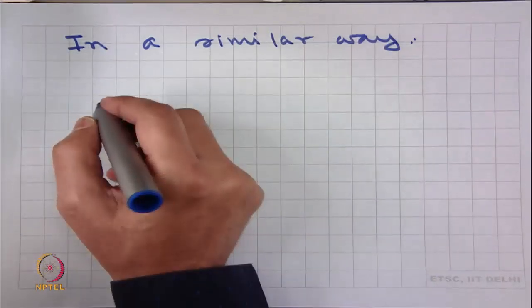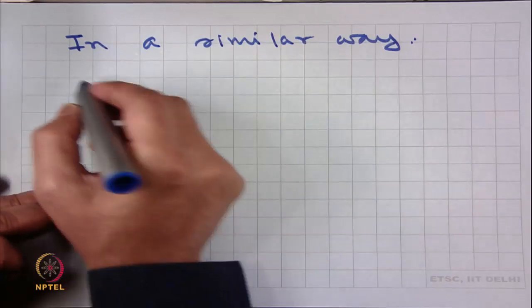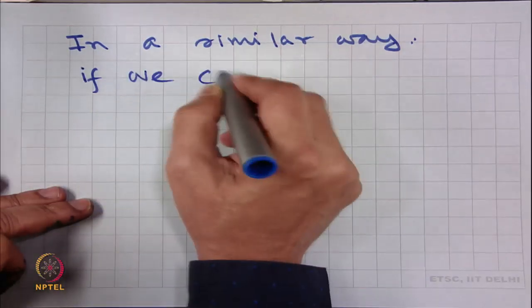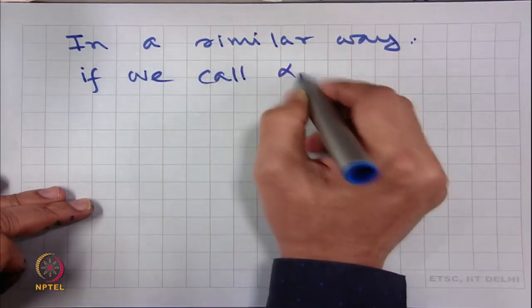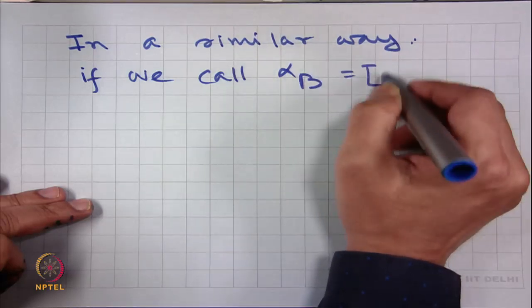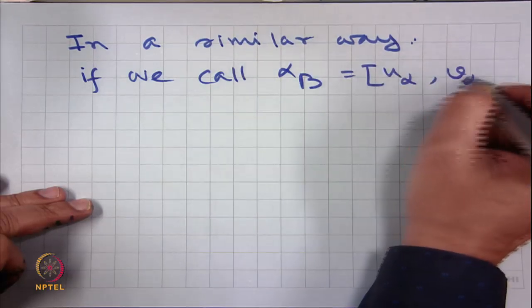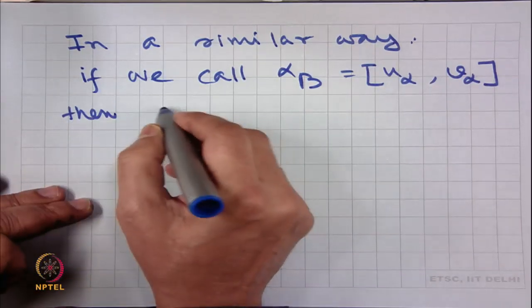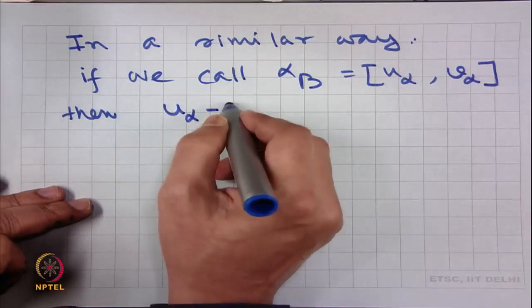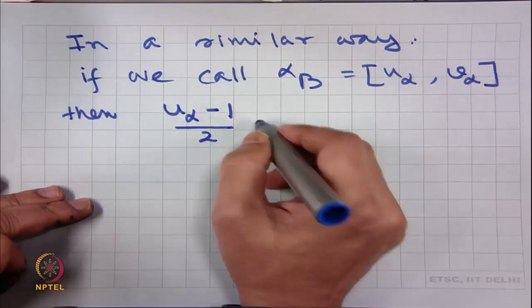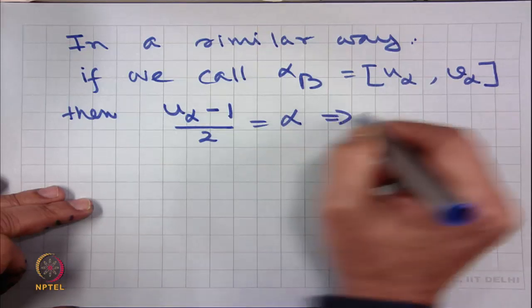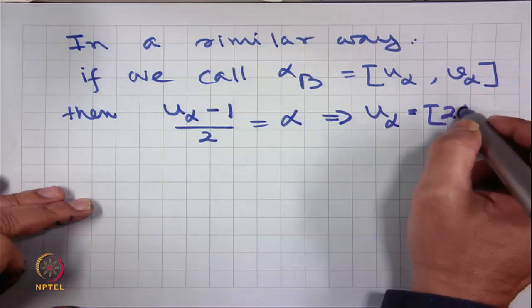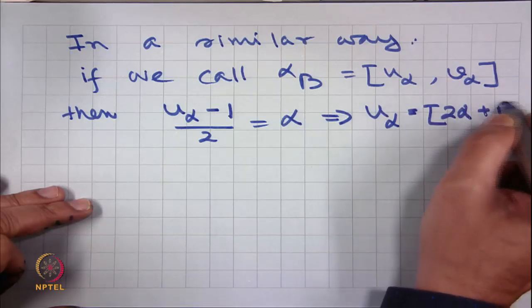Therefore, if we call the alpha cut of B equal to [u alpha, v alpha], then (u alpha minus 1) upon 2 is equal to alpha, which implies u alpha is equal to 2 alpha plus 1.